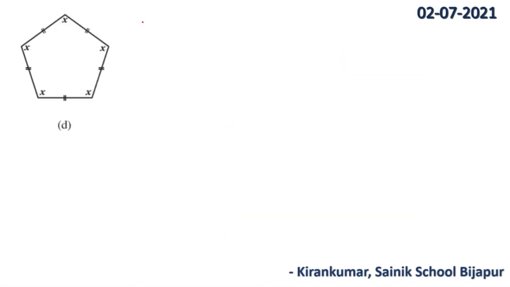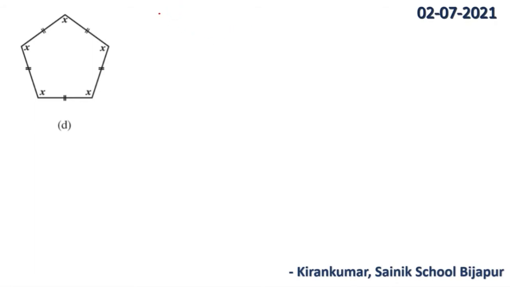Next figure. Immediately by looking at the figure, you should be able to identify this is a regular pentagon. Why is it a regular pentagon? Here the sides mentioned are equal and it has got 5 sides, so it's a regular pentagon.